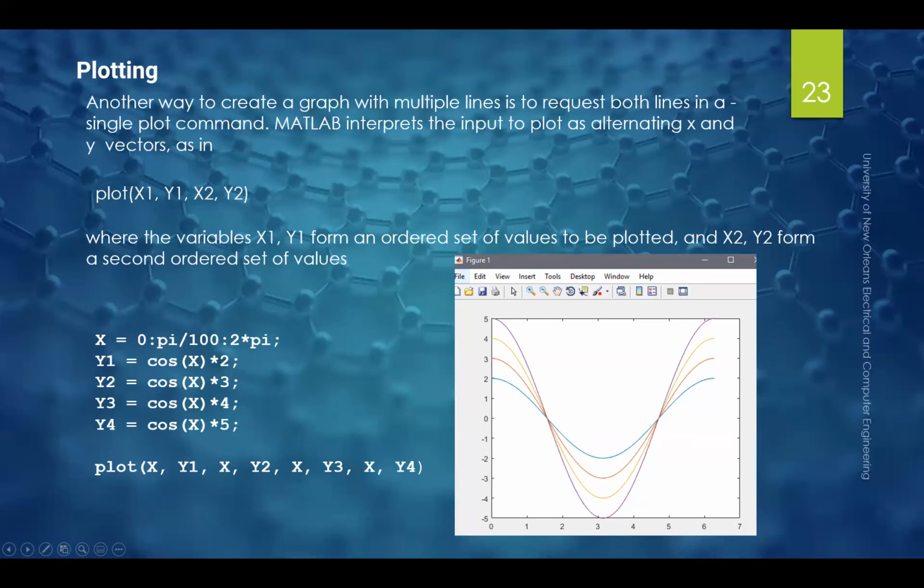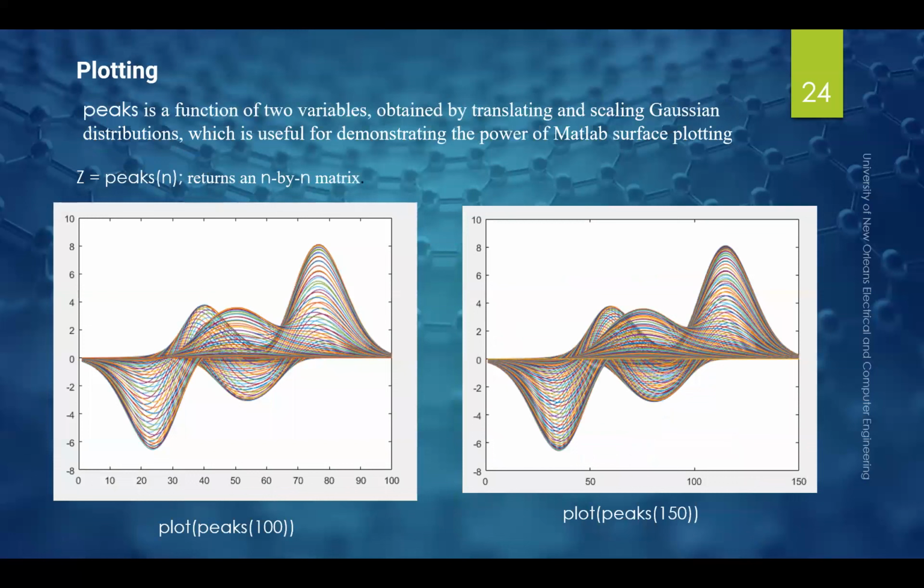Now, the next command is mostly to show you the power of MATLAB, and just how quickly it can do things that may take a lot of time to do otherwise. One of the functions that can show that is called peaks.